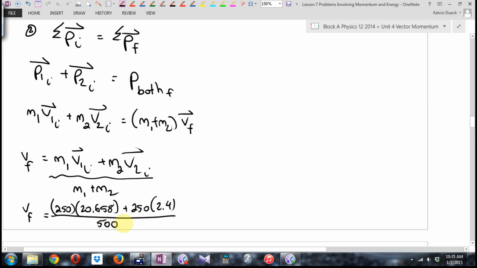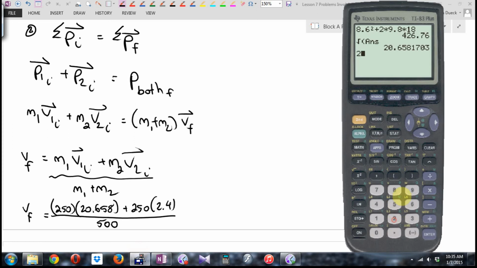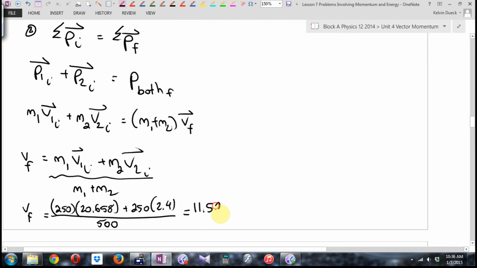I added 250 plus 250 in my head to get 500 on the bottom. More than one number on the top, brackets: 250 times the answer button, plus 250 times 2.4, divided by 500. 11.52908. I'll go 11.5291 because this is not my final answer yet. And that's meters per second.